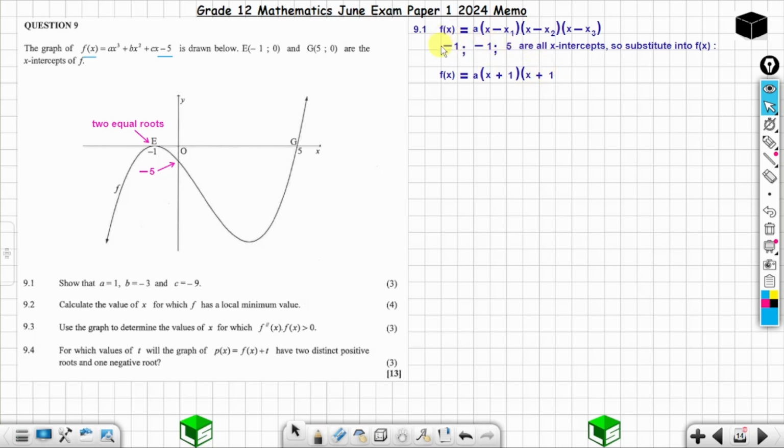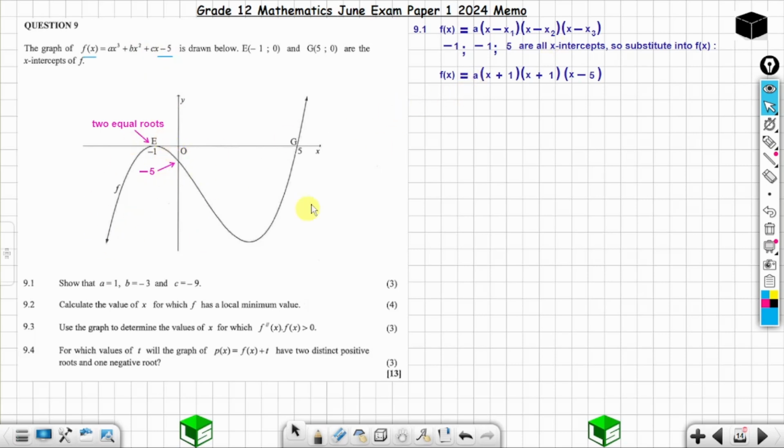You substitute -1 in there, you have this, and -1 again in there, you have this, and now you substitute 5 in there, you have -5. Okay, you have another point on the graph, which is the y-intercept. From the equation you can see this is the y-intercept. You can use this point to find A.